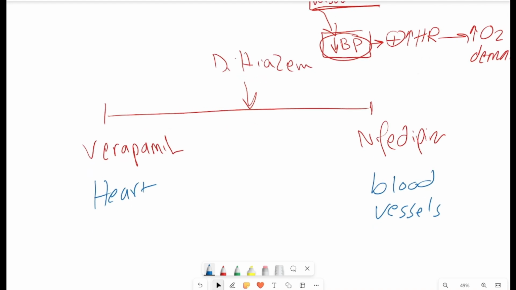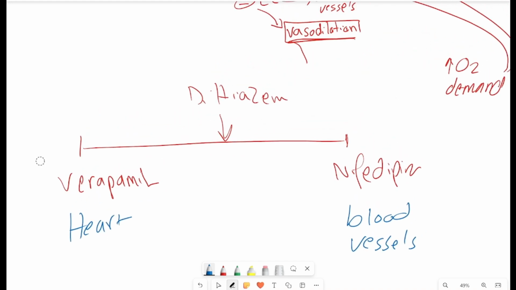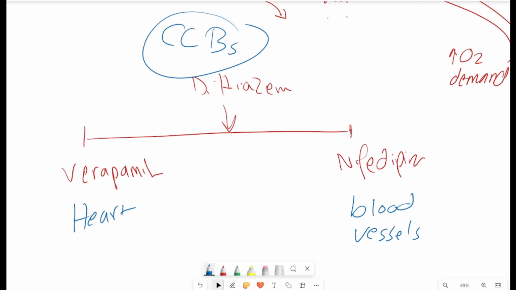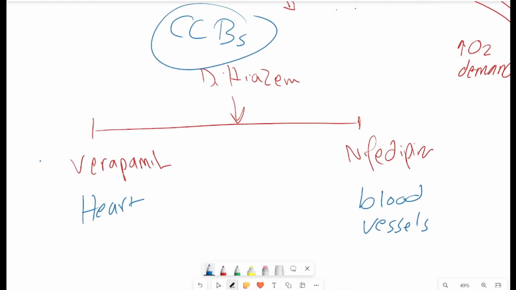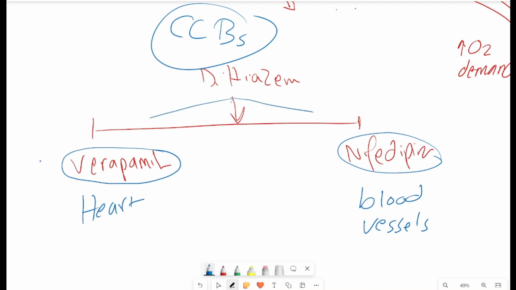If we ask which calcium channel blocker will block the calcium channel in the heart? Verapamil. Which blocks calcium channels in the blood vessels? Nifedipine. Which is intermediate and works on both? Diltiazem. I hope this makes sense.